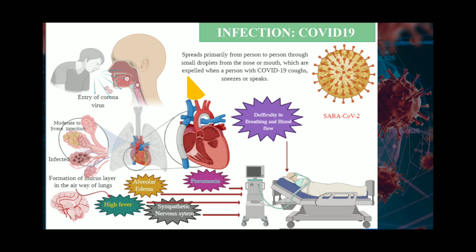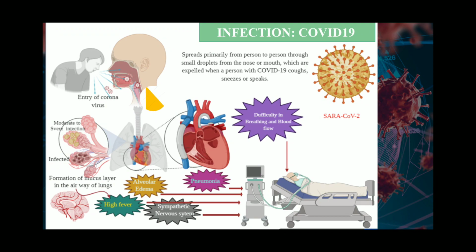Okay, so let's see. When any person is infected and a healthy person comes in contact with this infected person, the entry of coronavirus occurs. Okay, and as I have mentioned before, the spike protein is the main protein that helps to interact or enter the human body, and ACE protein is another receptor that is present inside our body, which gives a way for the virus to enter inside our body.